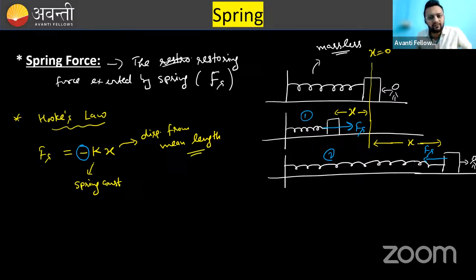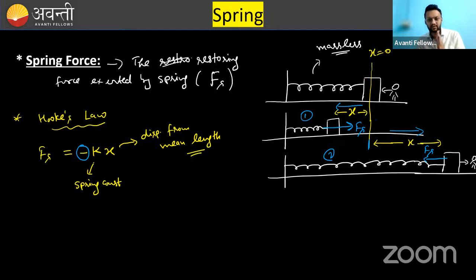These things that you can feel, actually it will try to come back to the original position. So what you have noticed: in the first situation displacement is towards left and force is towards right. In the second situation, displacement is towards right. From where do we see the displacement?